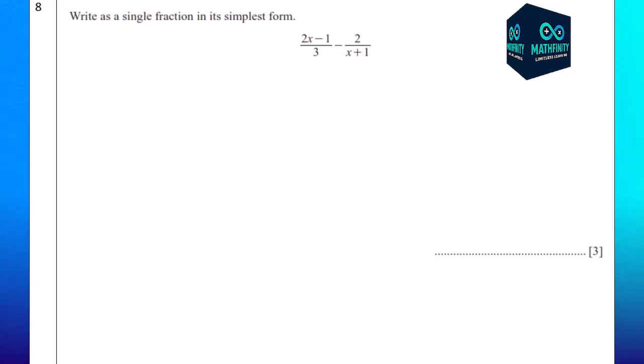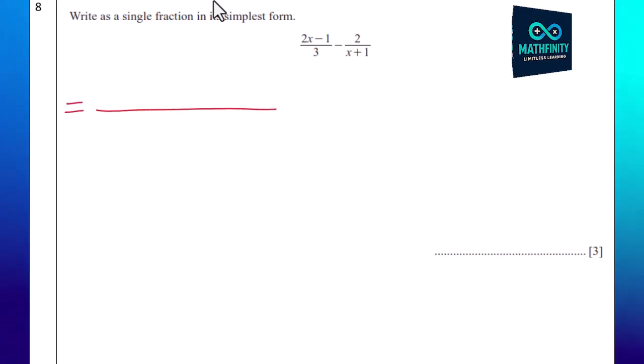Question number 8, the same. They are just changing the variables and numbers in the denominator and the numerator, but the concept is the same. Write as a single fraction. It means we have to combine these two fractions into a single one, and we will use the same method as we used for the first 7 questions.